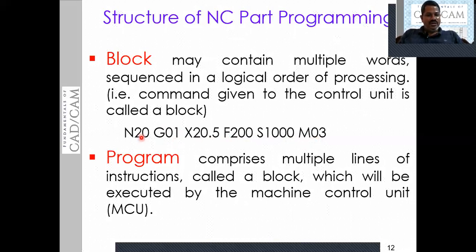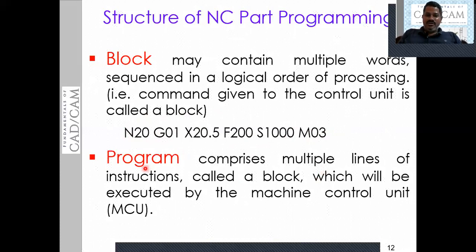N20 is a word, G01 is a word, then the coordinate function, feed function, speed function, and then the M code or miscellaneous function. If we combine all these words, we get one statement, in turn one block. One block is responsible for doing one action on the machine tool, as I said just now.